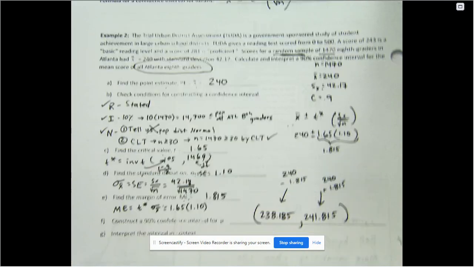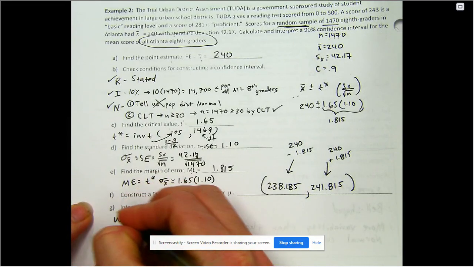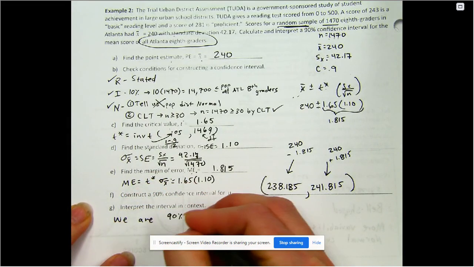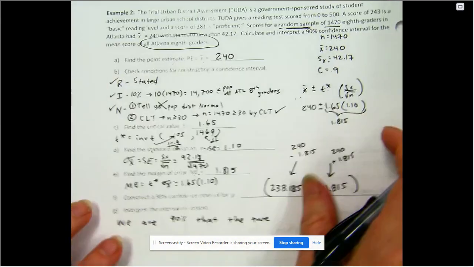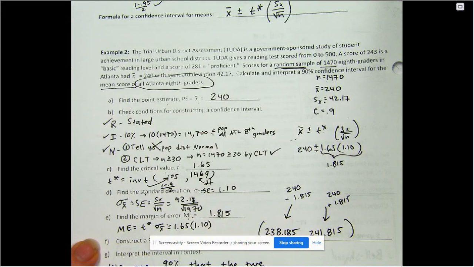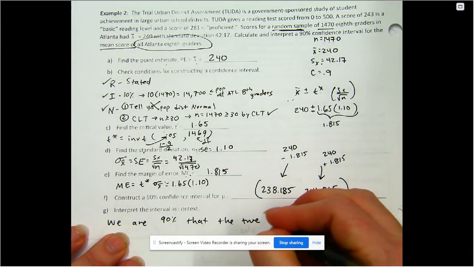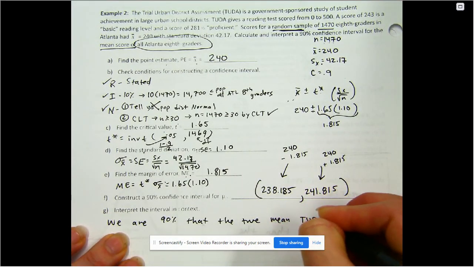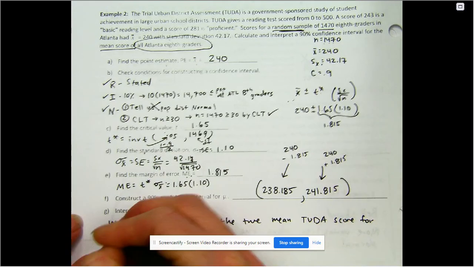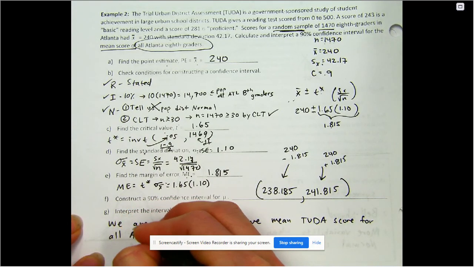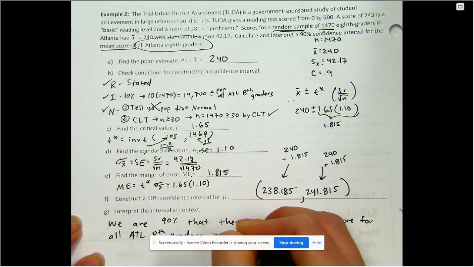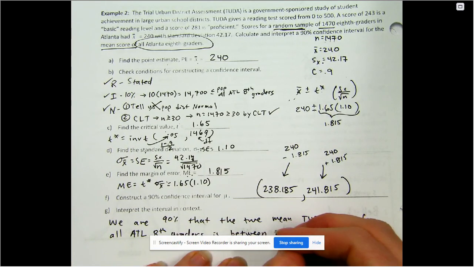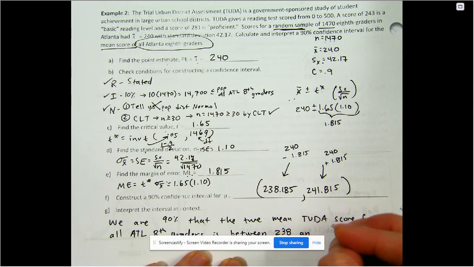Okay, interpret this interval in context. We will say, we are 90% confident that the true parameter, which in this case is the true mean score of all Atlanta 8th graders, the true mean TUDA score for all Atlanta 8th graders, is between 238 and 242.